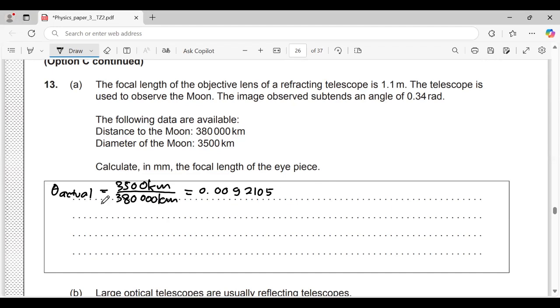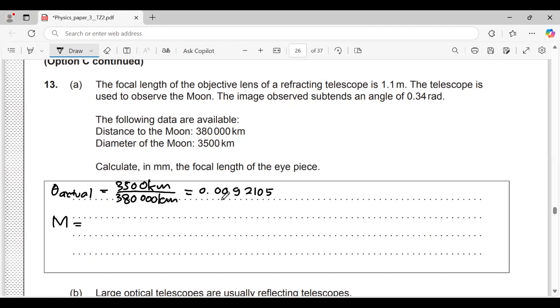And after that, I'm going to calculate the angular magnification with symbol M. Angular magnification formula is theta observed over theta actual.